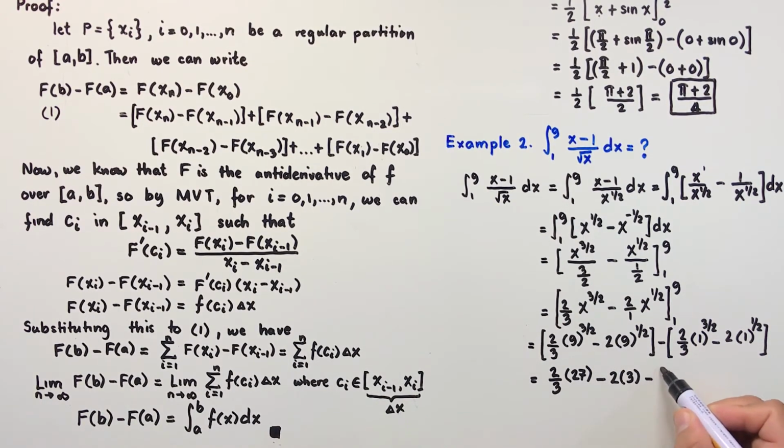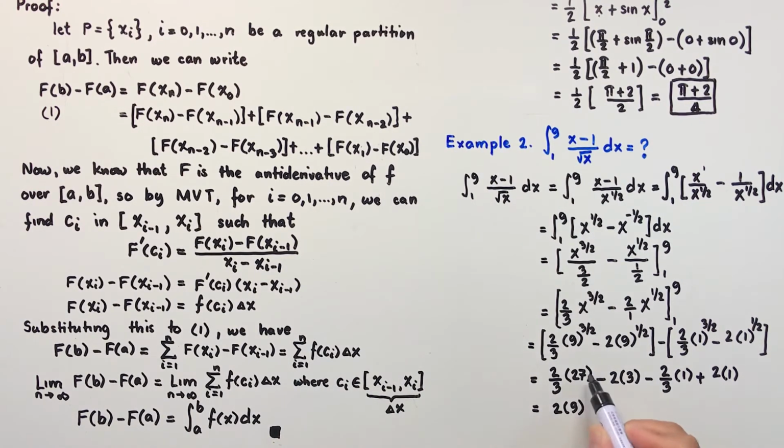And then we have minus 2/3 of 1 because the square root of 1 is 1, and 1 cube is 1 also. So plus 2 times 1 because the square root of 1 is 1, and the negative of the negative is positive. So we have 2 times 9 because 27 divided by 3 is 9, minus 6 minus 2/3 plus 2.